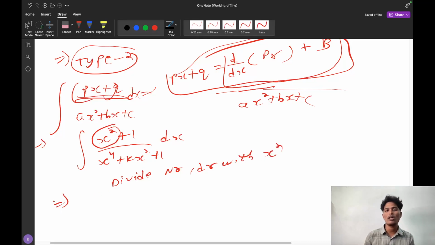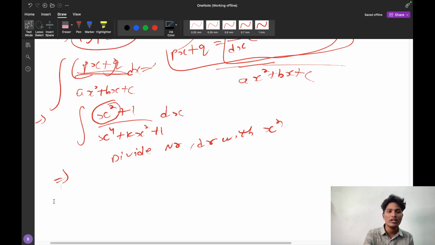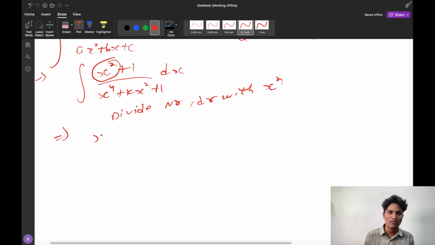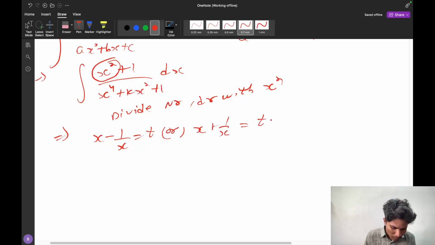After dividing, whatever we get, we have to use this substitution: we can substitute x minus 1 by x equal to t, or x plus 1 by x equal to t. By using these, we can easily find the answer. I will take one example where you can understand. Later I can explain. So now we go to the type 4 model.